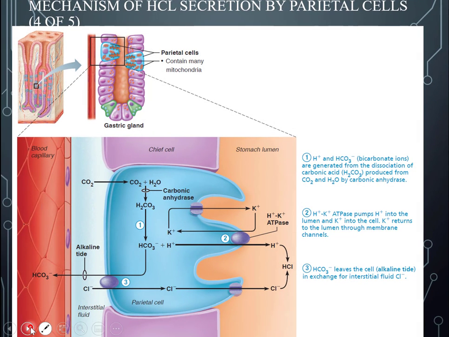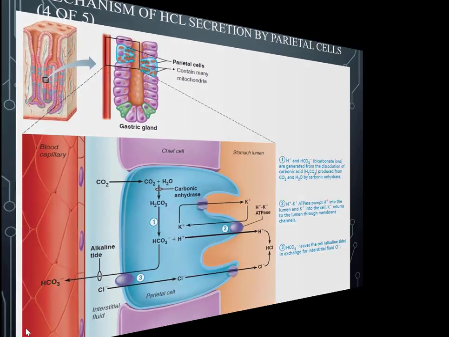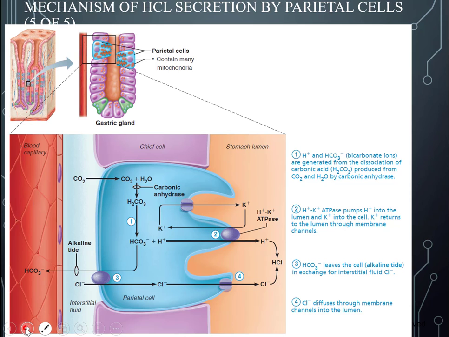And finally, the bicarbonate leaves the cell, as in the alkaline tide. This is your alkaline tide as it leaves the cell and gets into the bloodstream. And then finally, your chloride diffuses across the membrane, and here HCl is produced.